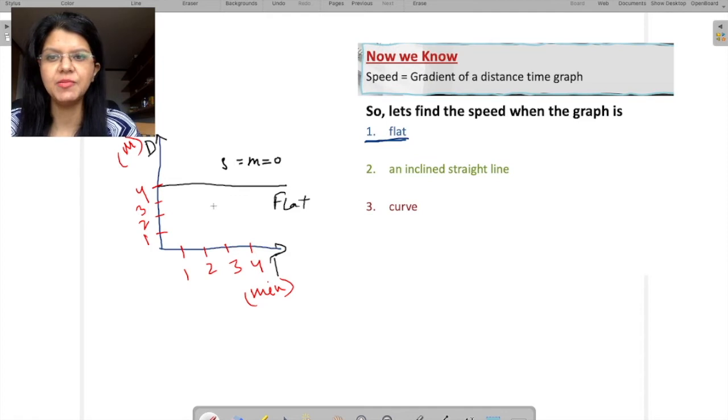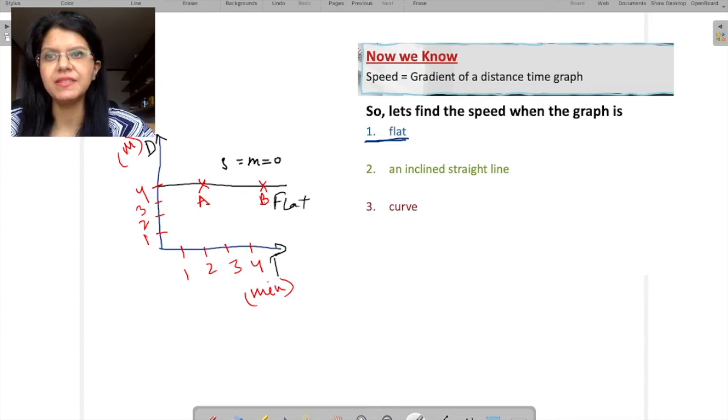So what is happening here? Let us take any 2 points on the graph. Let us compare what is happening from time A to time B. Between point A and B, the time value has increased.